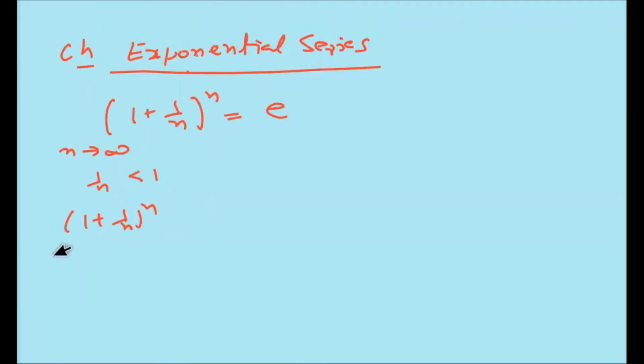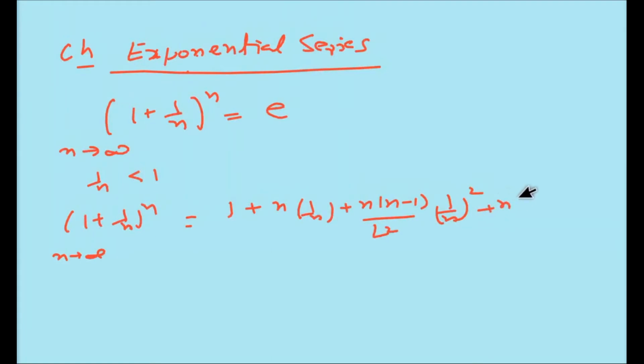So we find 1 plus n x, where x is 1/n, plus n(n-1)/factorial 2 times x squared, where x is 1/n squared, plus n(n-1)(n-2)/factorial 3 times 1/n cubed. This series goes up to infinity, as you know from the binomial theorem.